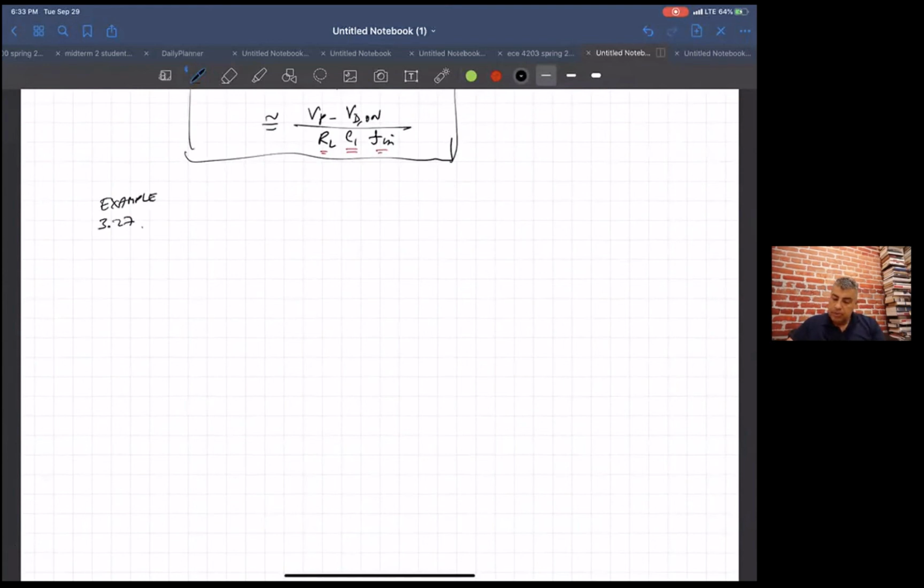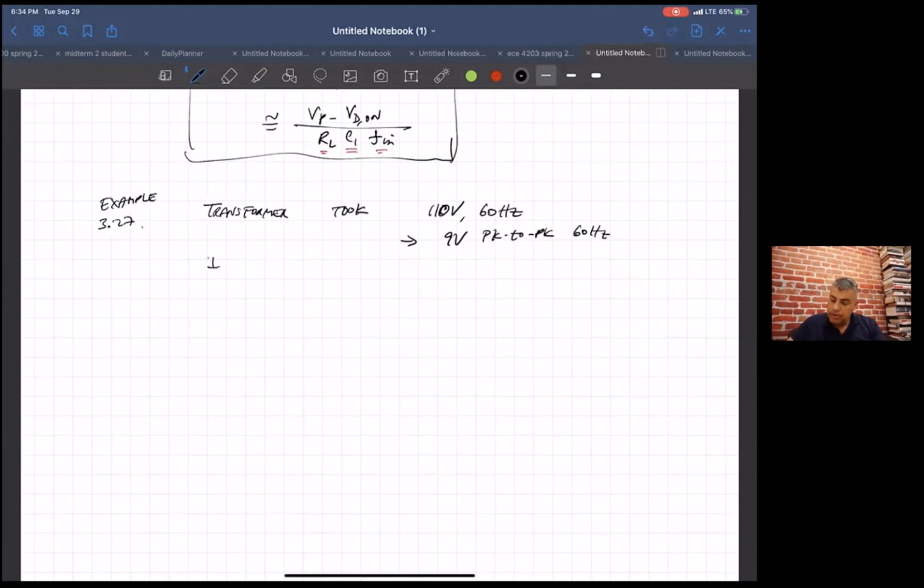So here, example 3.27, it says the transformer took the 110 volt wall signal at 60 hertz to a 9 volt peak to peak 60 hertz signal.